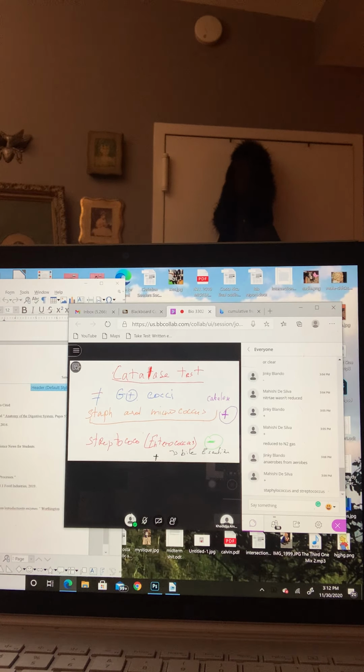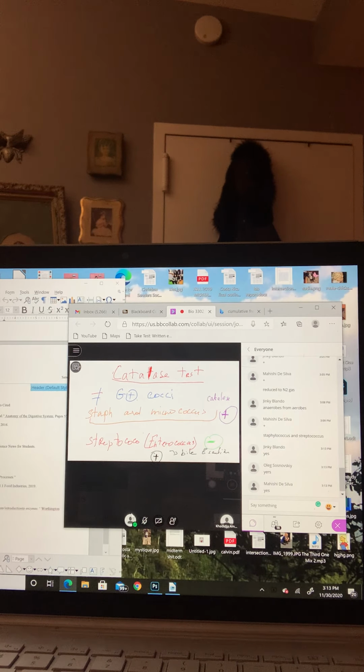Yes or no? So we use the bile esculin test to differentiate the different types of Streptococcus, the Enterococcus. So the catalase test differentiates between gram-positive cocci, that is the staph and the Micrococcus, which are positive.